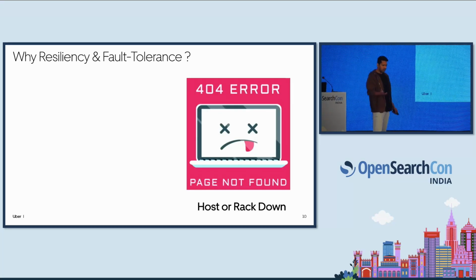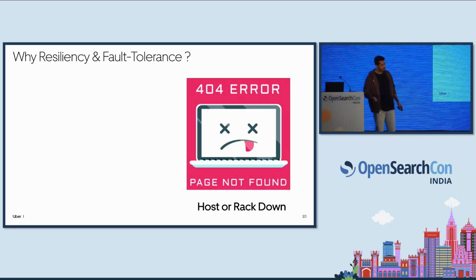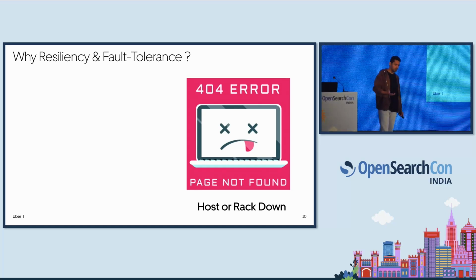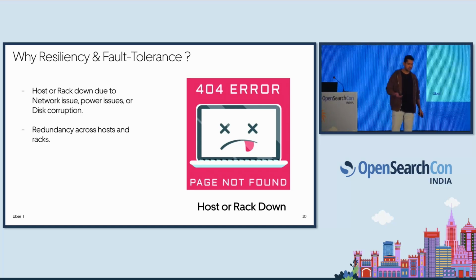Okay, last but not the least, host or rack down is something that is pretty common. If you're dealing with cloud providers or if you have an on-prem zone, host or rack down due to networking issue, power issues to the rack itself, or disk corruption is something that we face on a regular basis, which means that we also need to build redundancies across these hosts on racks so that in case of these failures, we can easily come out of it.